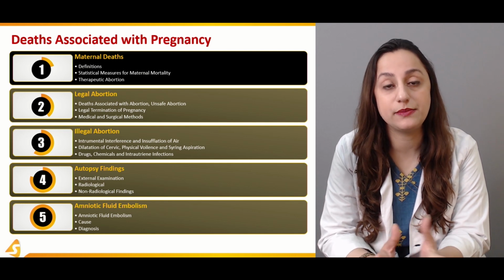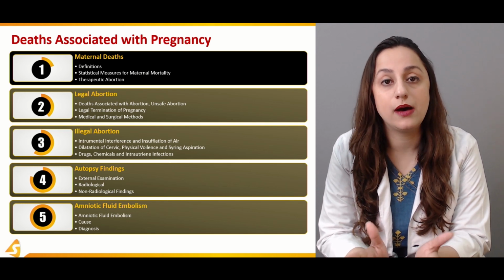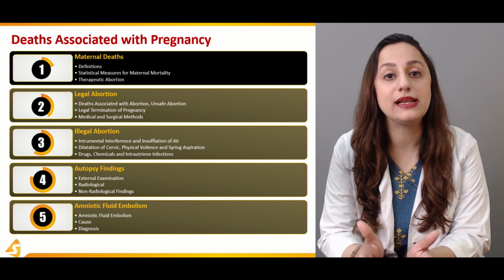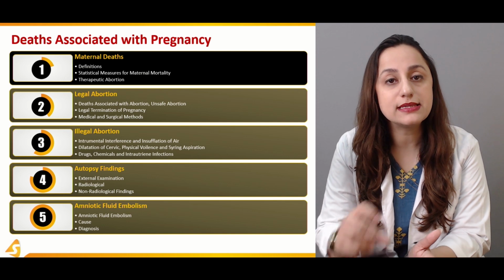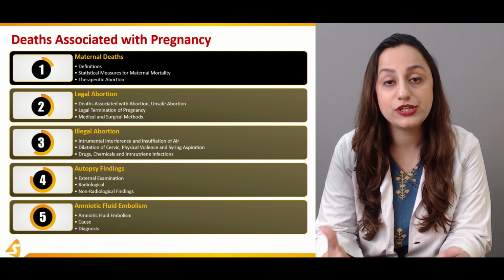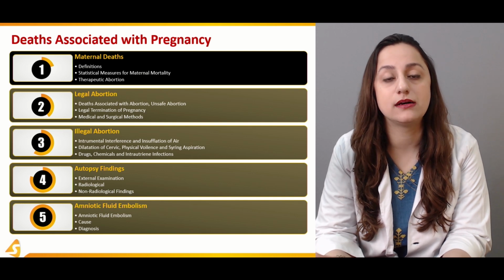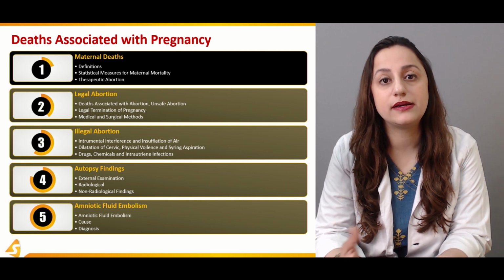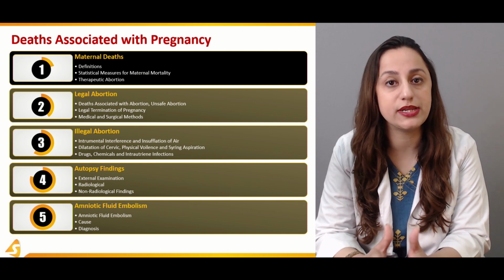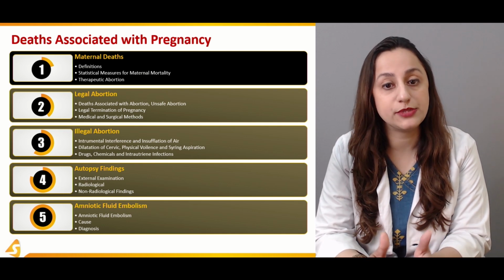For example, it can be the MMR, that is the maternal mortality rate, and then there can be a maternal mortality ratio. So these are important whenever we are carrying out research for these maternal mortality causes and their significances, and whenever we are carrying out research related to all of these terminologies.